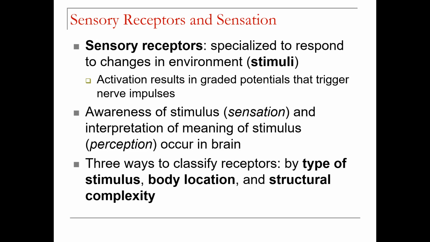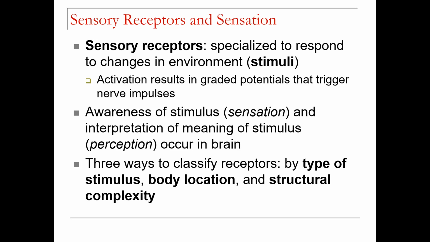A touch receptor only responds to touch or pressure or pain or temperature. Every one of those is a different type of receptor. We ultimately trigger a nerve impulse, but now we have to interpret what that nerve impulse means.